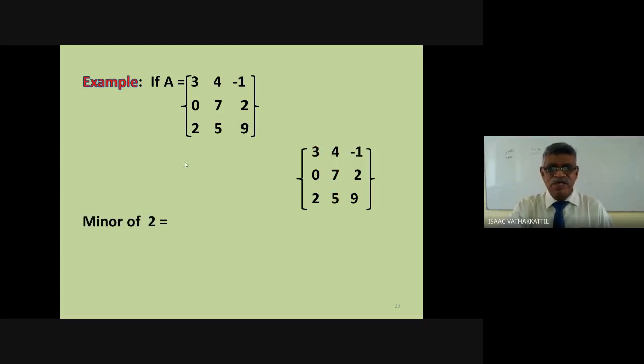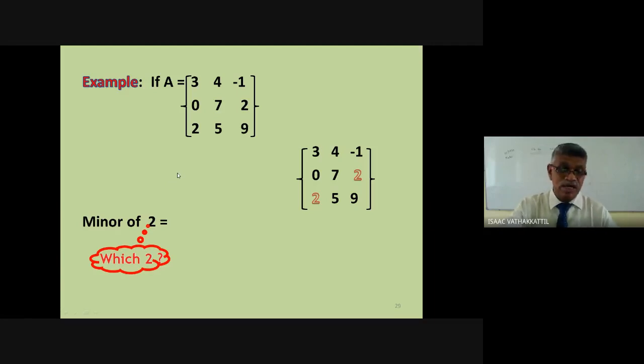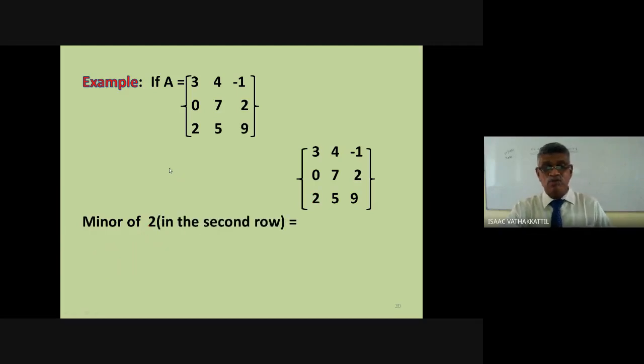If I ask the minor of 2, oh, there are two 2's. Which 2? There is a 2 in the third row and in the second row. So I have to clarify: minor of 2 in which position? There is no importance for the 2 itself, the position is more important. If I say minor of 2 in the second row, then remove the column and row containing that, and it is denoted by M23.